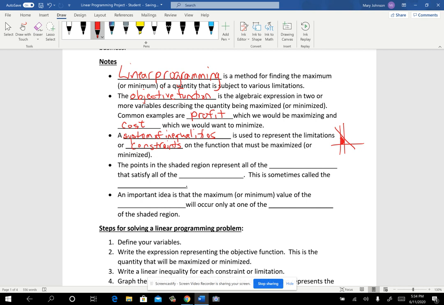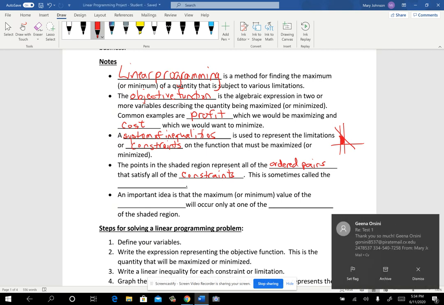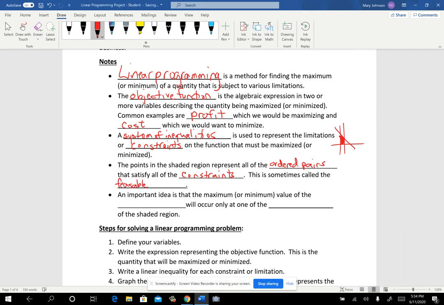And it turns out that shaded region represents all of the ordered pairs that satisfy all of the constraints, all of the limitations or the restrictions. So these ordered pairs satisfy the constraints that you have on your problem, right? That shaded region is sometimes called the feasible region, okay?